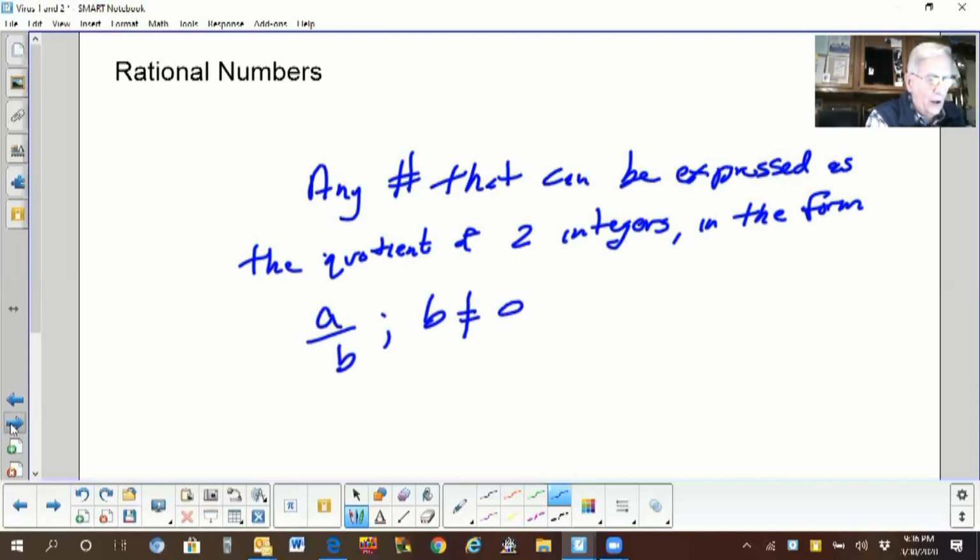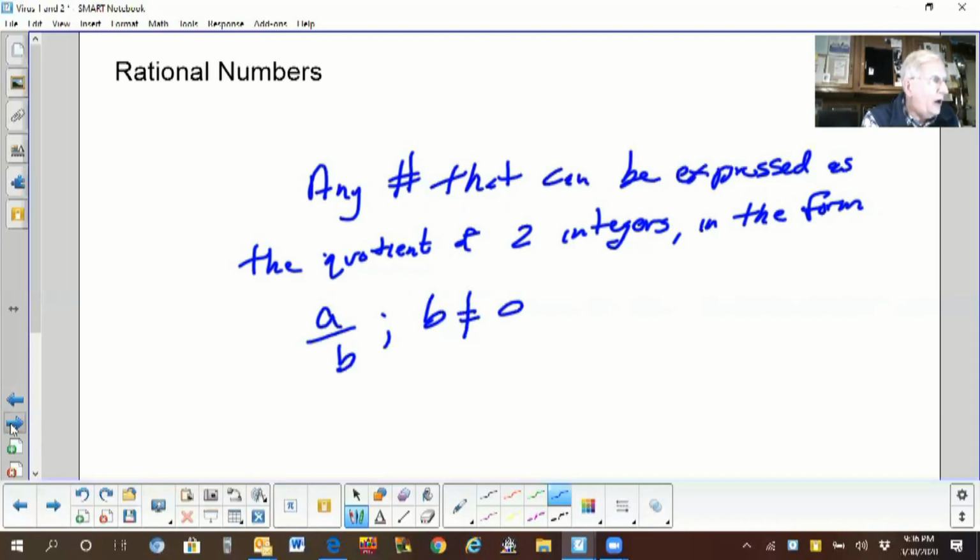Now, you will recall, we have discussed this prior to what you're seeing now. You cannot divide by 0 in our number system. You know that. When you do it on a calculator, you get an undefined answer or an error. So division by 0 is totally impossible. That's why rational numbers cannot have zeros as denominators.